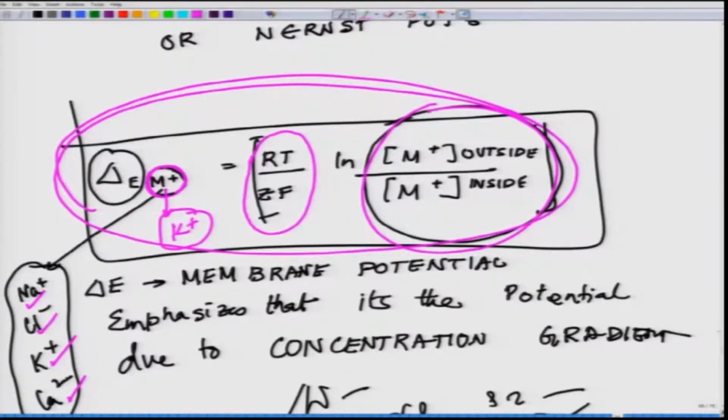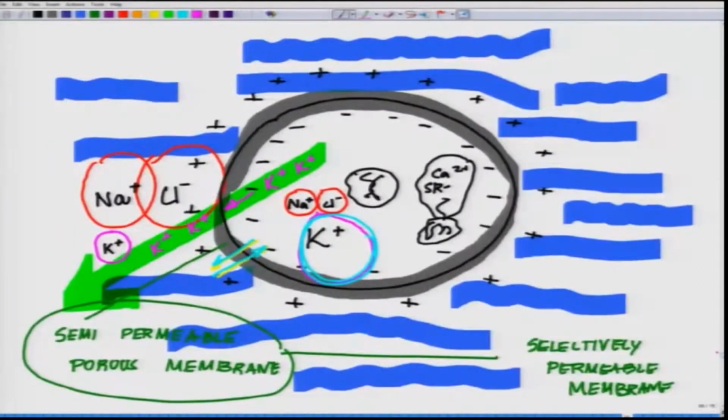Now, coming back to the situation. Since I showed you this, if I plug in the values, a typical concentration of potassium inside the cell is 150 millimolar. This is the typical concentration inside the cell as compared to outside.